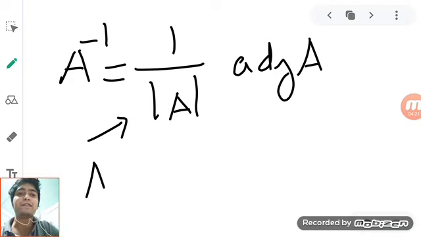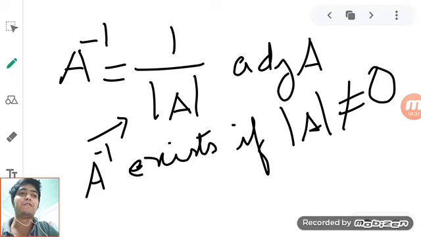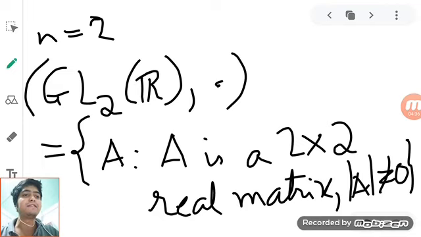So A inverse exists if determinant A is not equal to 0. That is why we need this, so that we can have an inverse for A.